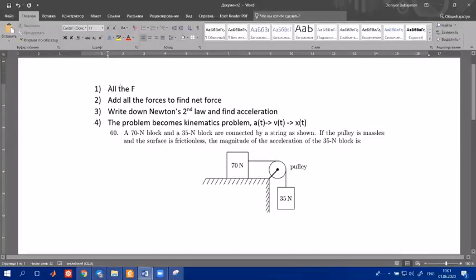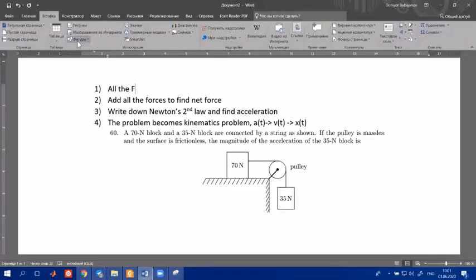Okay, let's start with the first step. Find all the forces. So we have to write all the forces. What kind of forces acts on the body? So the first force is the weight of the bodies. The weight of the 70 Newton is greater.